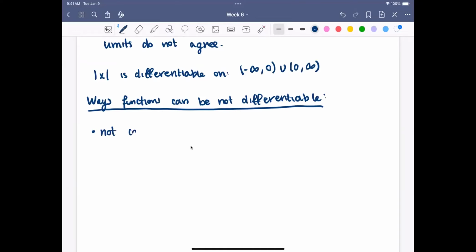And like we just saw, also if you have corners or kinks, like we had with the absolute value function, you can't take the derivative at this point.